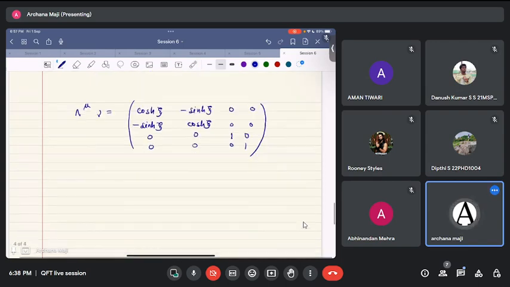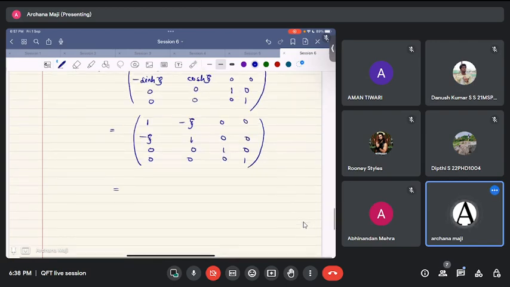Now consider xi to be infinitesimal. So you can Taylor expand cosh and sinh. What you get is 1 here, minus xi there, then minus xi, 1.